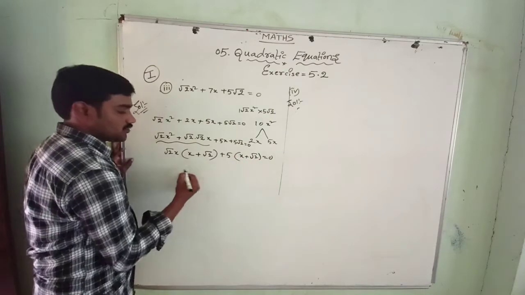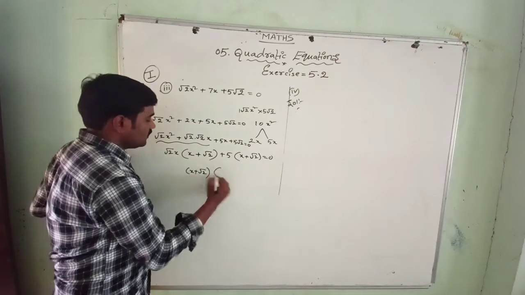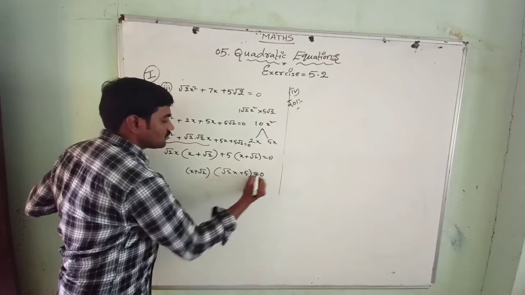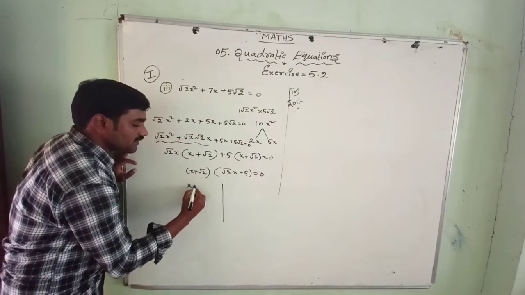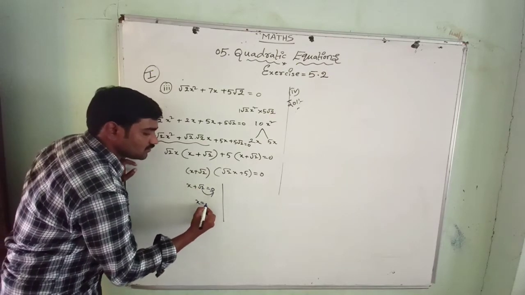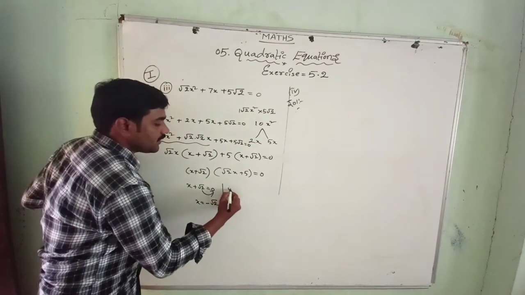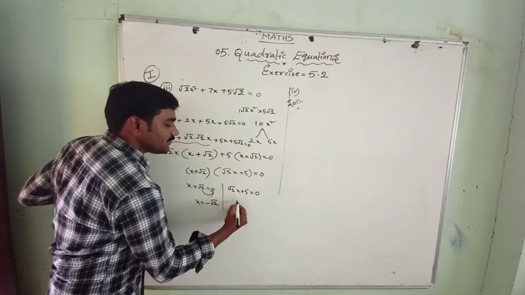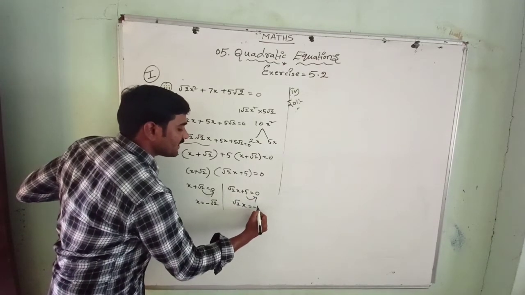See, x + √2, x + √2. Bring out x + √2 as common: (x + √2)(√2x + 5) = 0. Then x + √2 = 0 gives x = −√2. And here √2x + 5 = 0, so transferring 5 to this side, √2x = −5.